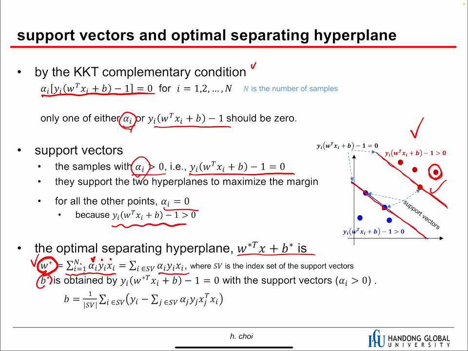And then b star is obtained by this one. So we already have yi, xi, and w star, and then b can be obtained by this one. So actually, by rearranging these terms, b is given by this equation. So this is the solution of SVM when the dataset is linearly separable.